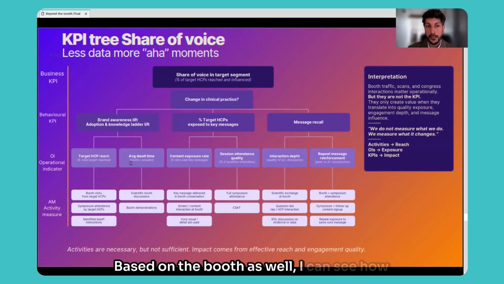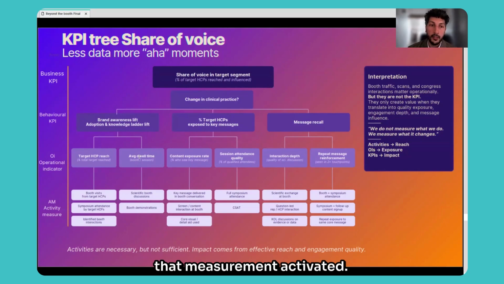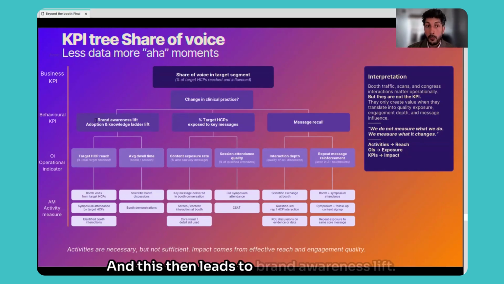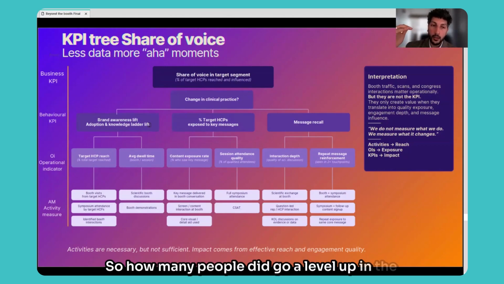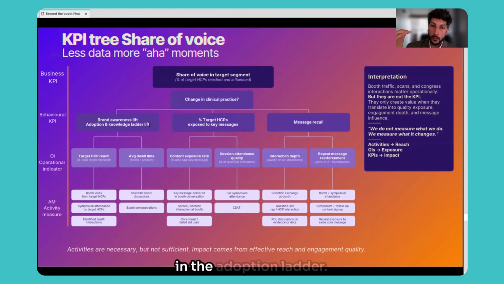Based on the booth as well, I can see how much time was spent on the booth if I have that measurement activated. And this then leads to brand awareness lift. So this can be measured after the Congress, not during the Congress. And also adoption and ladder lift. So how many people went a level up in the knowledge ladder or in the adoption ladder?